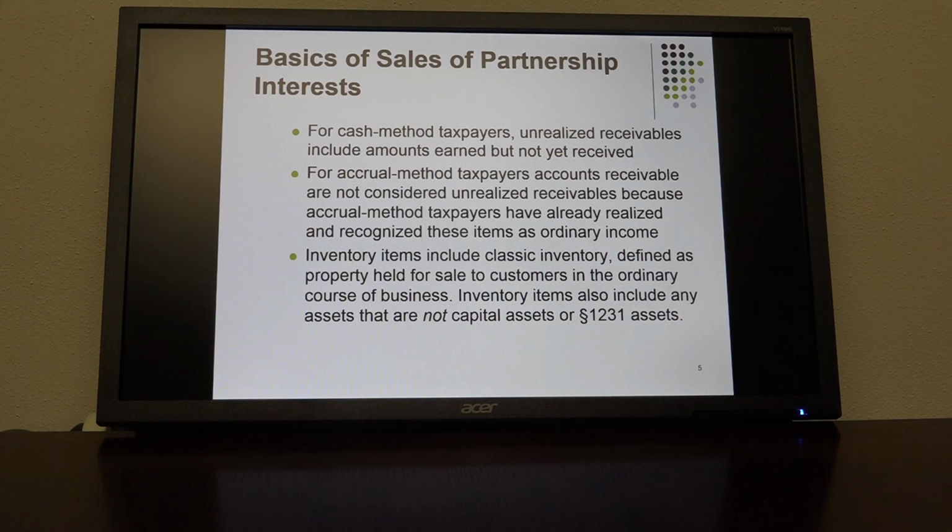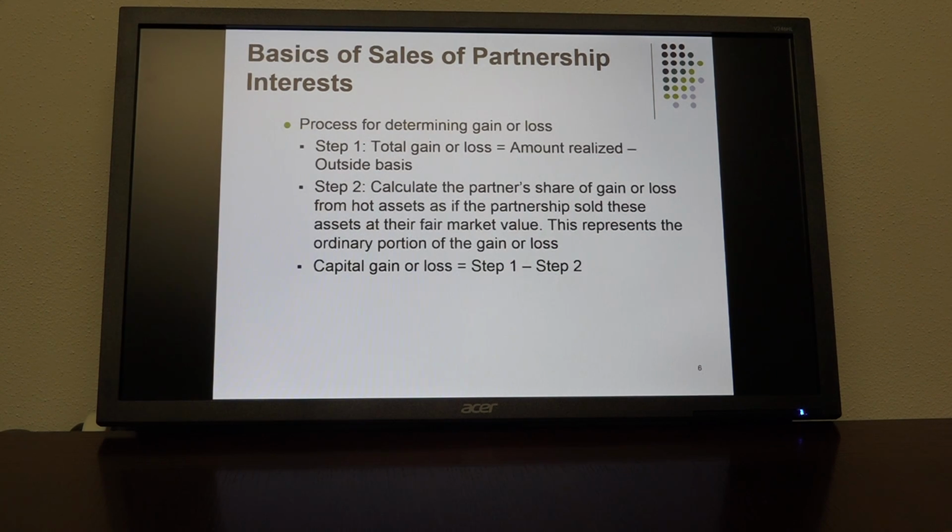Well, inventory items, it's pretty broad. It includes classic inventory, property held for sale to customers in the ordinary course of business, but it also includes any assets that are not capital assets or assets used in a trade or business, otherwise known as Section 1231 assets.